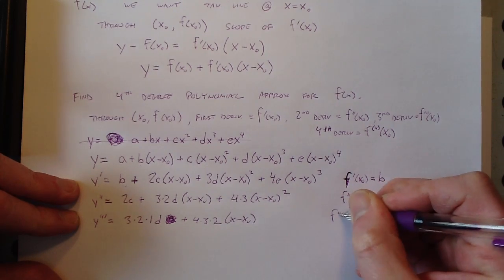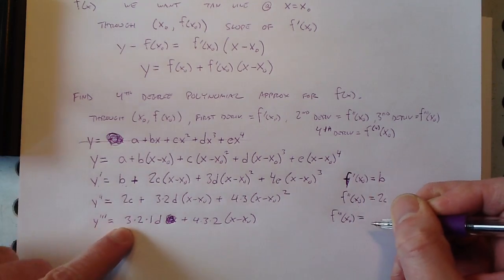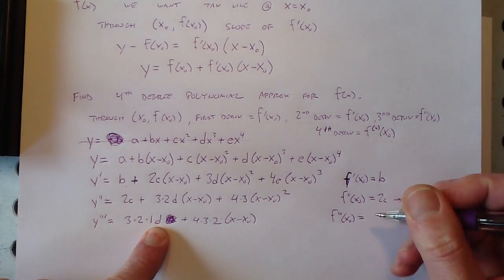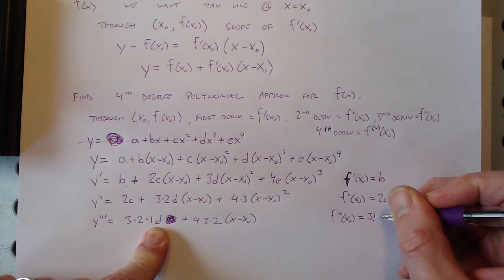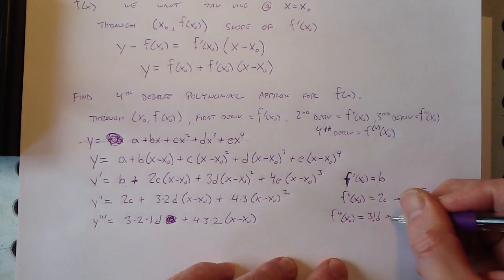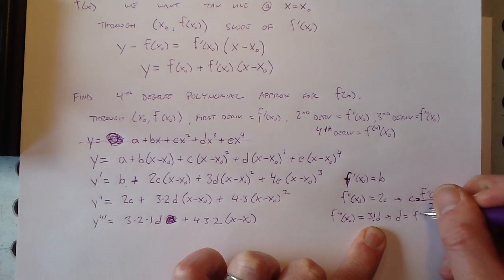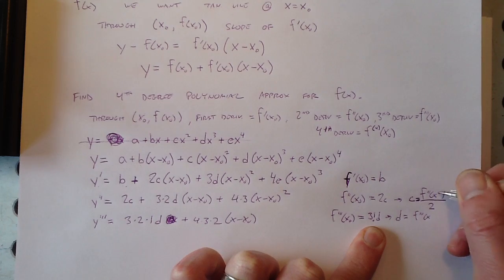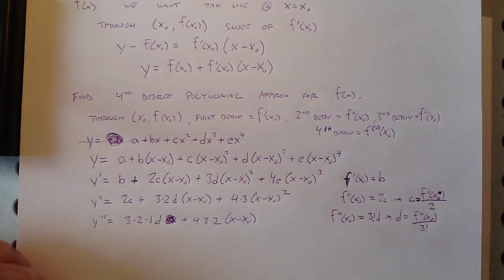So the third derivative at x sub 0 is equal to 3 times 2 times 1 times d, and 3 times 2 times 1 is 3 factorial times d. So that means that the d I'm looking for, solving this equation for d, is the third derivative at x sub 0 divided by 3 factorial.